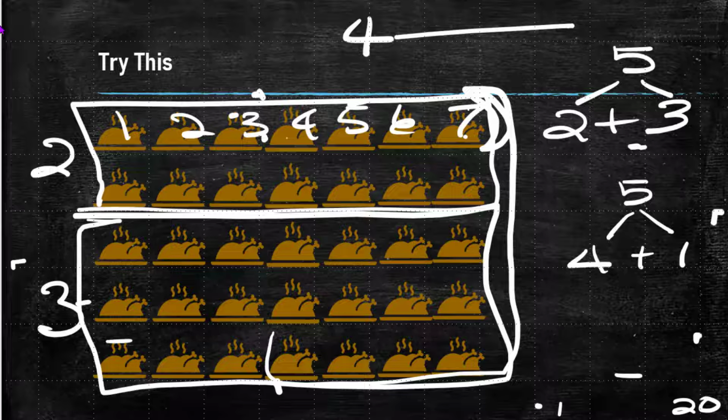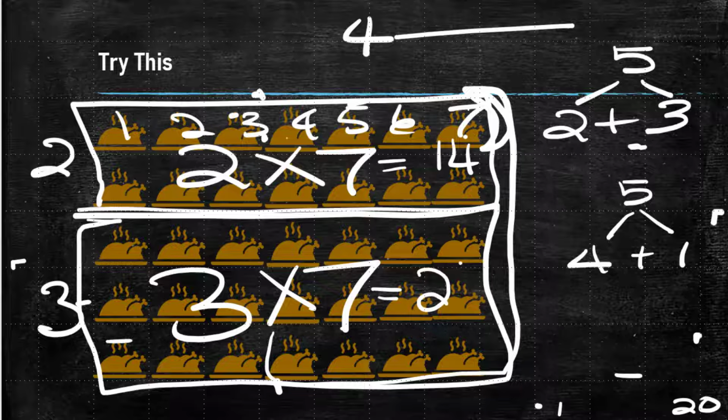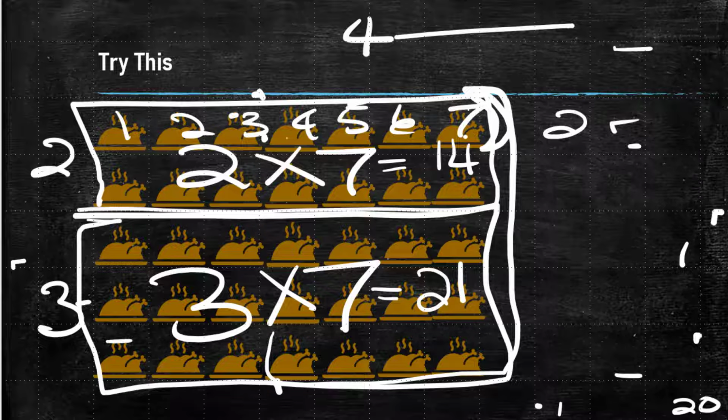So we're looking at this side to be 2 times 7, and this side would be 3 times 7. I wonder if I would still get the same answer. Well, 2 times 7 is 14. 3 times 7 is 21. You remember the answer I'm supposed to get? Remember, it's 35. Good job.